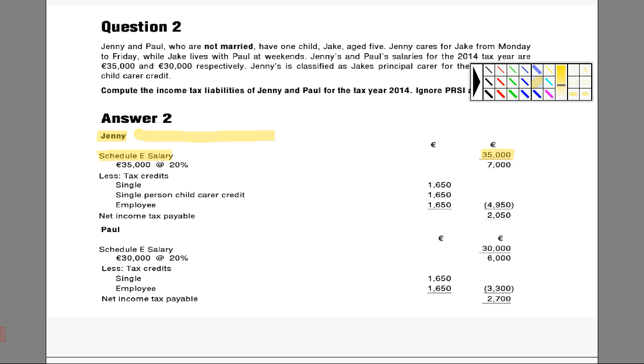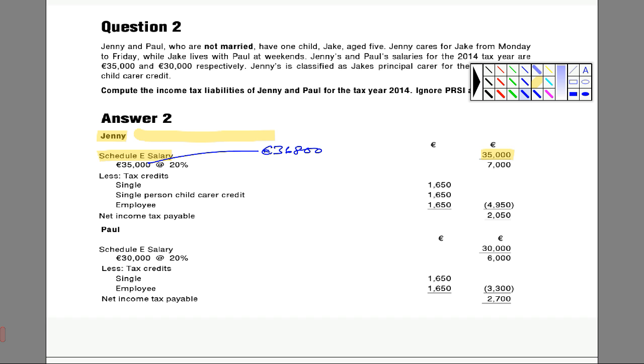Now note that as she is classified as a single person who's caring for a child, she should be in a position to receive an increased band. In other words, an increased basic rate band. And in terms of that figure, remember we talked in classes about status, she can go up to 36.8 because she is in effect a single parent, or at least classed as a single parent.